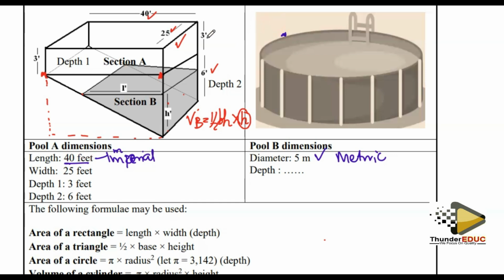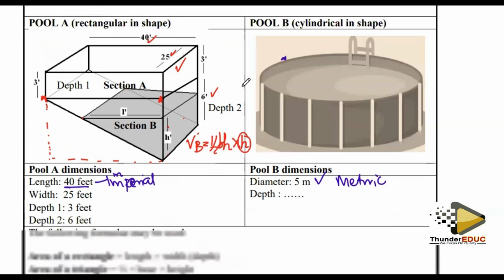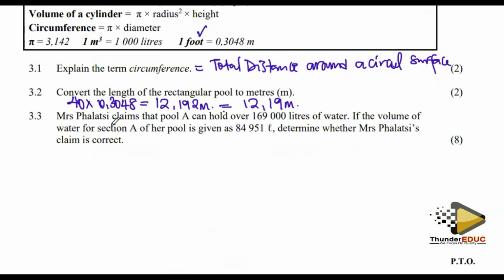So we are proving that section A can hold 169,000 liters of water. If pool A, section A of the pool is this much, determine whether it's true.